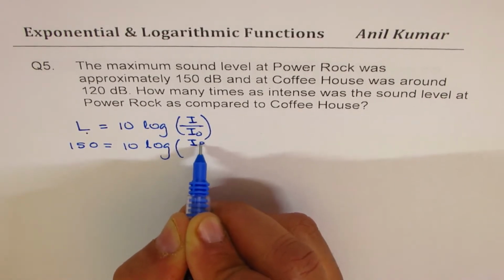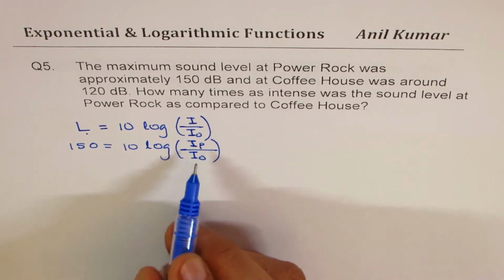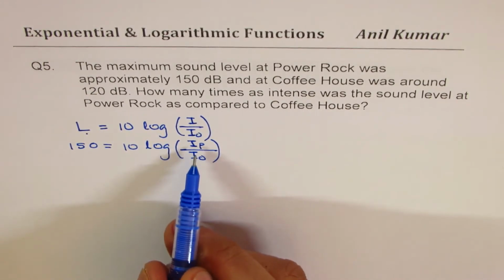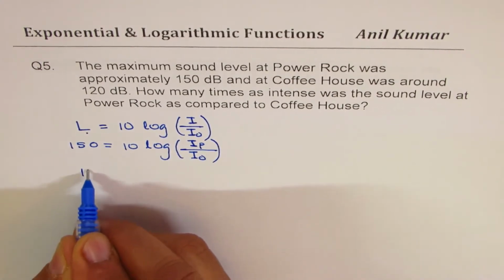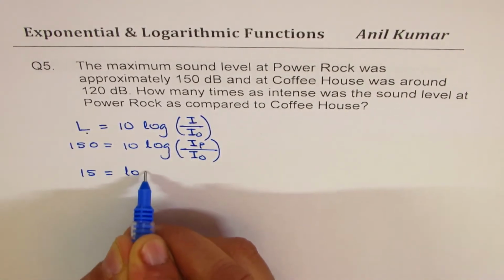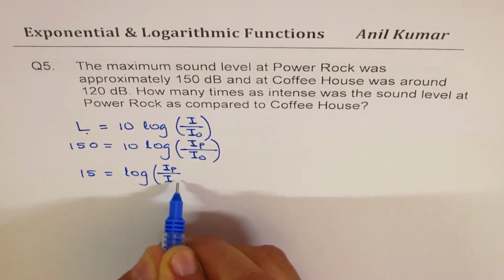Let me use P for Power Rock. We don't know the intensity, so I'm writing IP for Power Rock. So dividing by 10, we get 15 equals log of IP over I0.